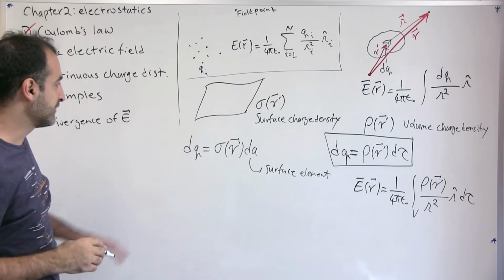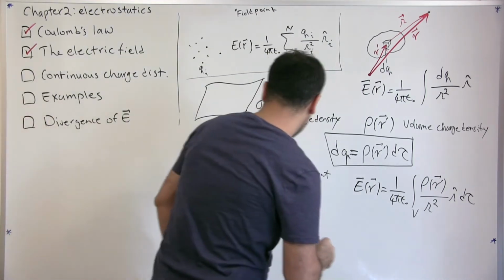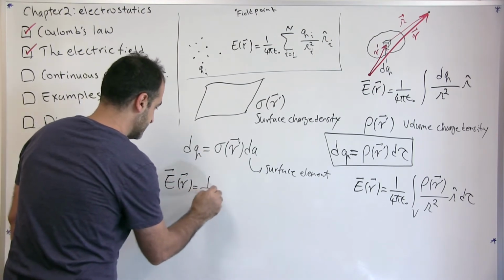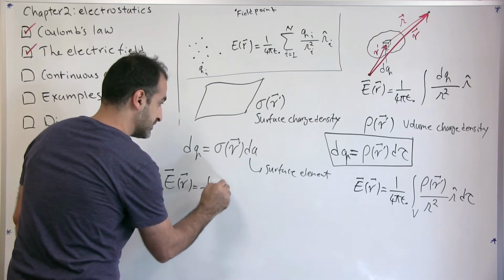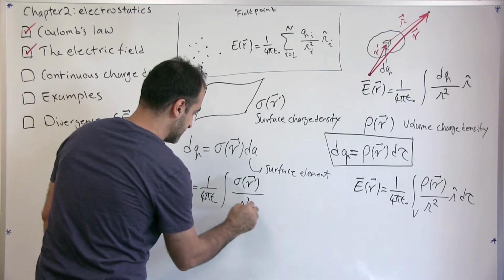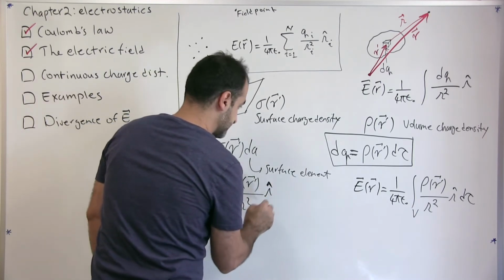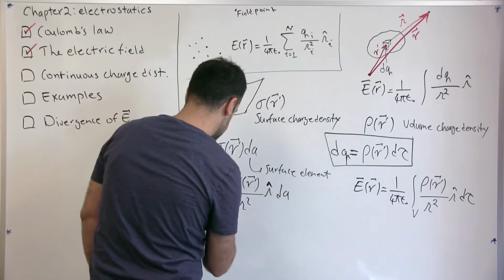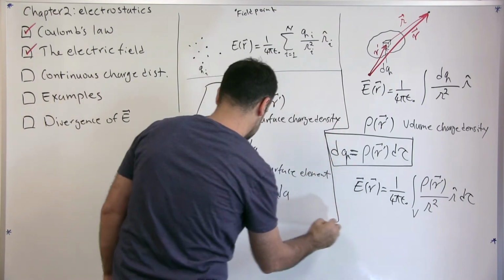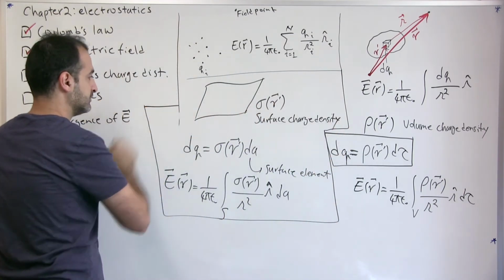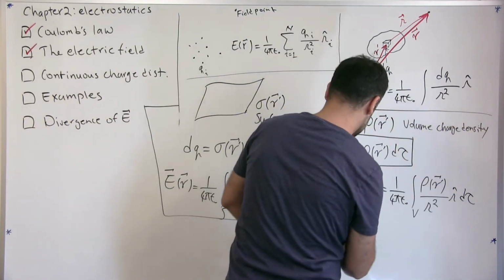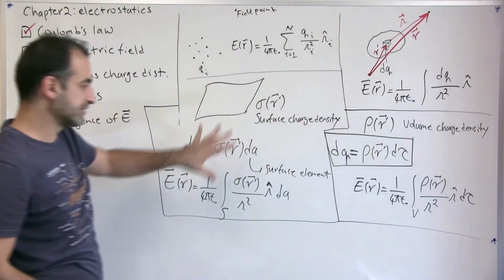So if we have surface charge density, the integral should be written as E(r) equals 1 over 4 pi epsilon 0 integration of sigma r prime over the separation vector squared, unit vector, dA, and this is on a surface. So this is for the volume, and this is for the surface.